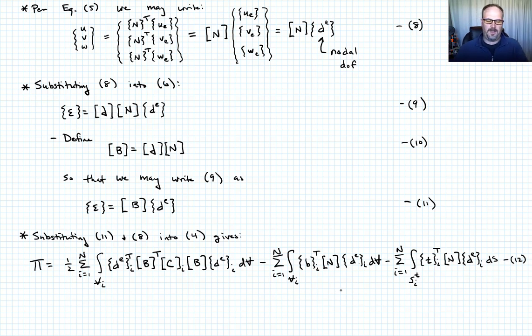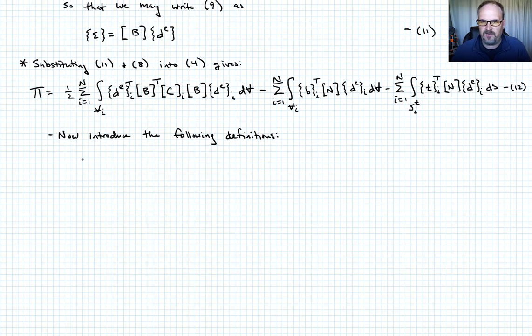Okay, so kind of a long and nasty equation. So we're going to introduce the following definitions. Okay, we're going to define what amounts to an element stiffness matrix. We'll call it Ke sub i. It's going to be equal to the integral over the element volume of B transpose times Ci times B dV.